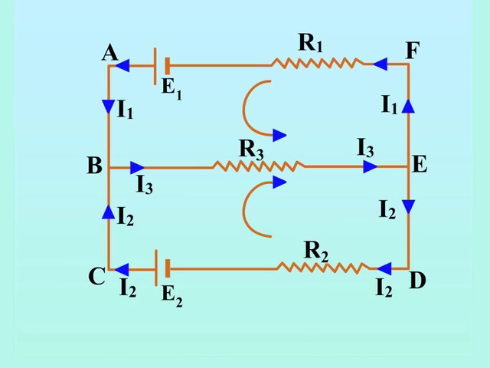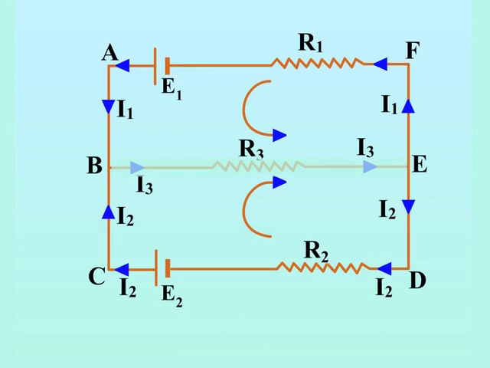Let us apply Kirchhoff's second law to the closed path ABEFA. We then have I3R3 plus I1R1 minus E1 equal to 0, or E1 is equal to I1R1 plus I3R3.